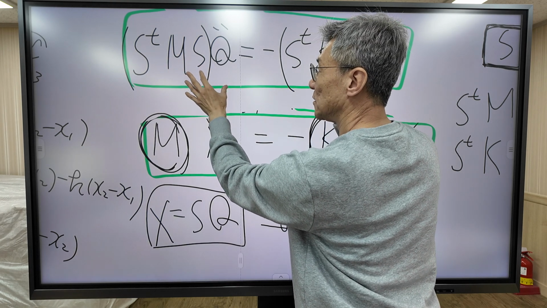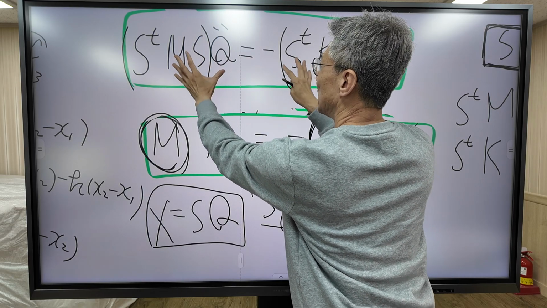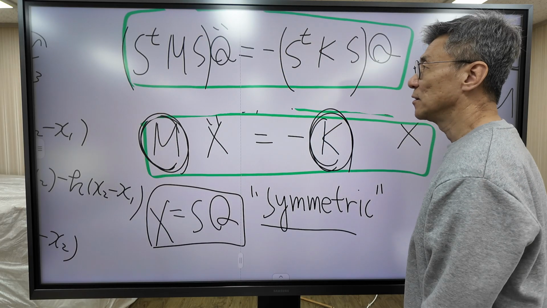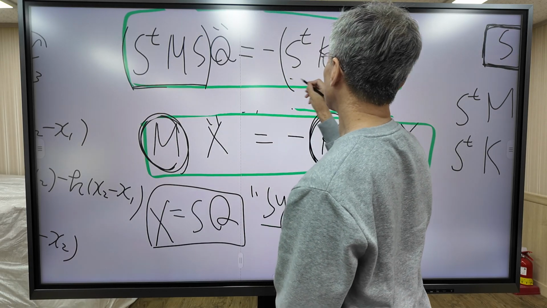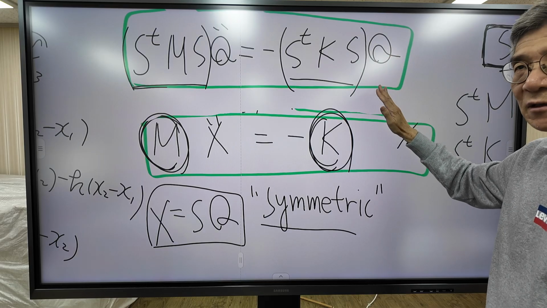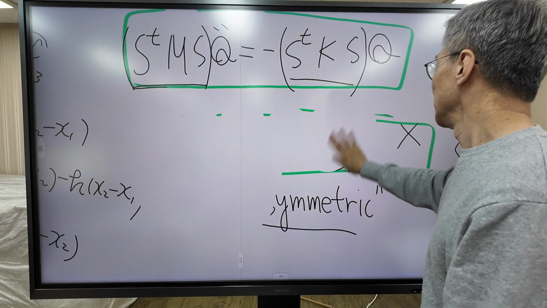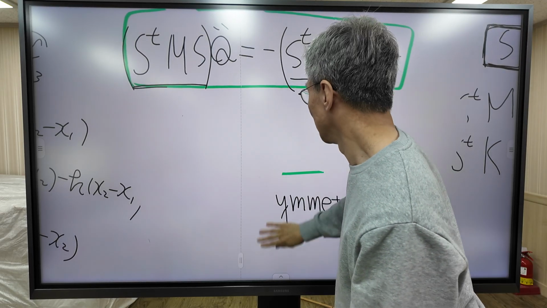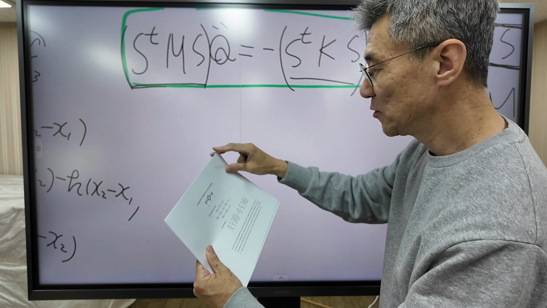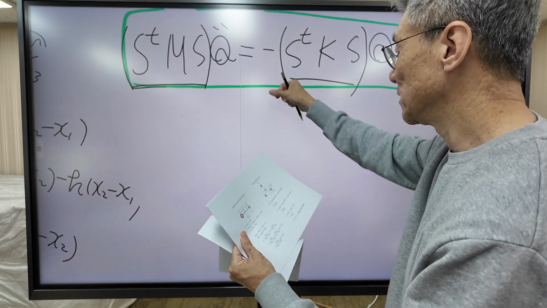And according to mathematicians, they can always find such an S that makes these two matrices diagonal. So because these two matrices are diagonal, when you expand this matrix, the equation is decoupled. This is not a mathematics class. I find S. So in your handout, I present the S^T.